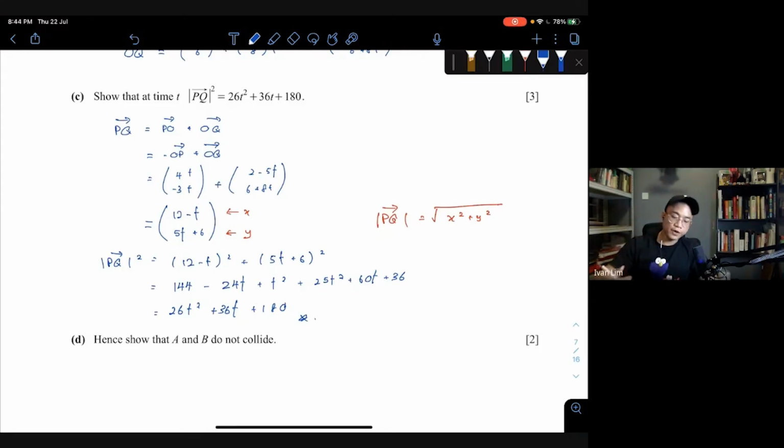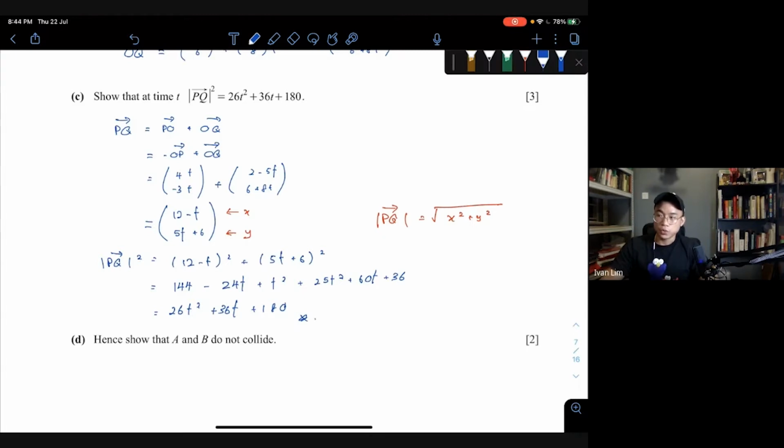So we already found the distance. Distance is a scalar quantity, therefore it is the modulus value that we just calculated, modulus PQ.